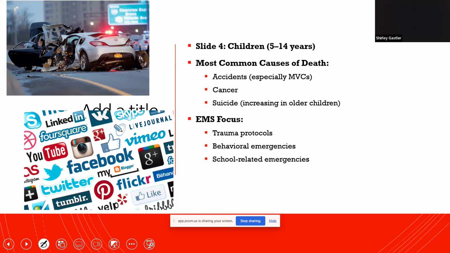And a lot of it's tied to social media. So it's tough these days. It's a tough time to be a parent, because even when you put on parental locks and child locks, these kids are smarter than we are. They'll figure a way around that stuff. So our focus, obviously, is school-related emergencies and behavior-related emergencies, in your trauma protocols.